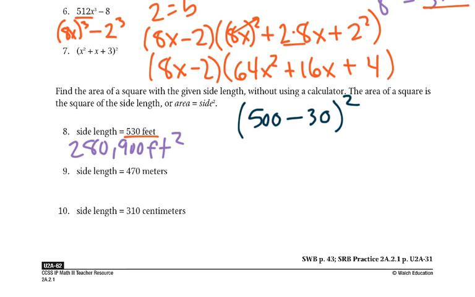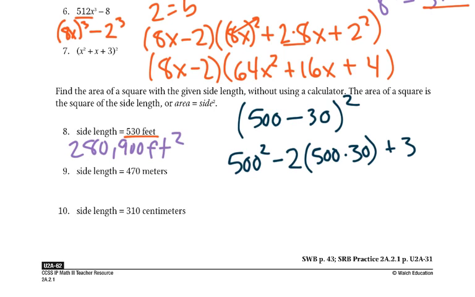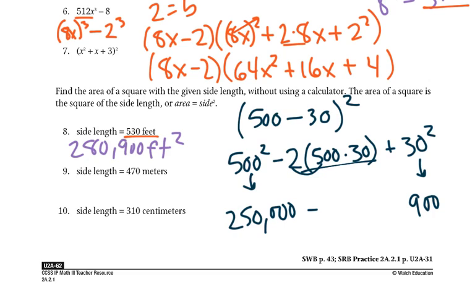So if we still had that other stuff up there, it'd be 500 squared minus 2 times 500 times 30 plus 30 squared. Well, we knew that one was 900. This one, 250,000. We knew this one was 3,000, right? 2 times 500, 1,000 times 30, 30,000, not 3,000.